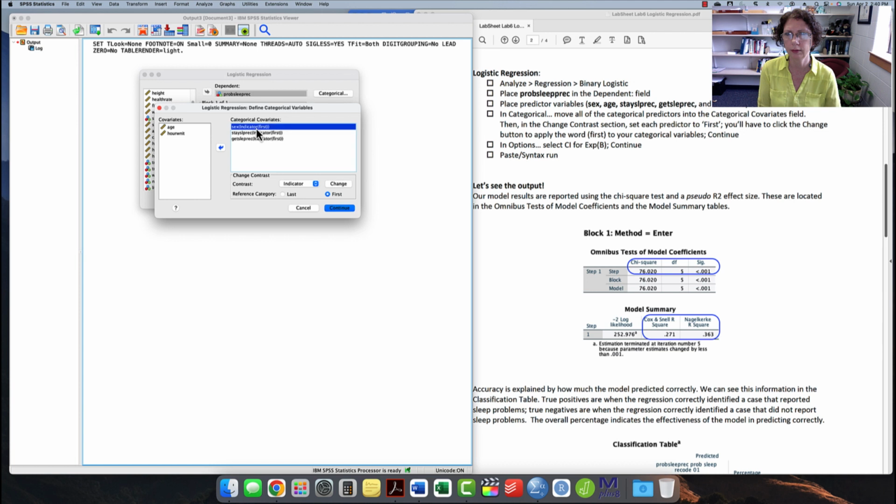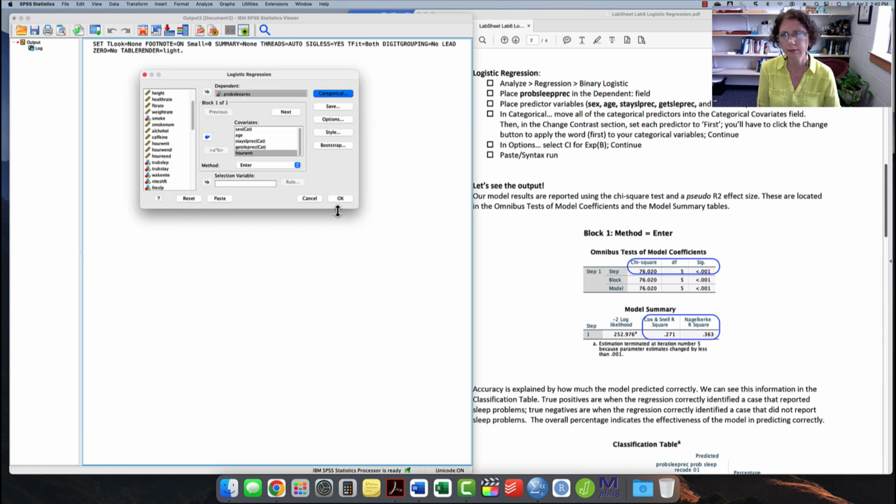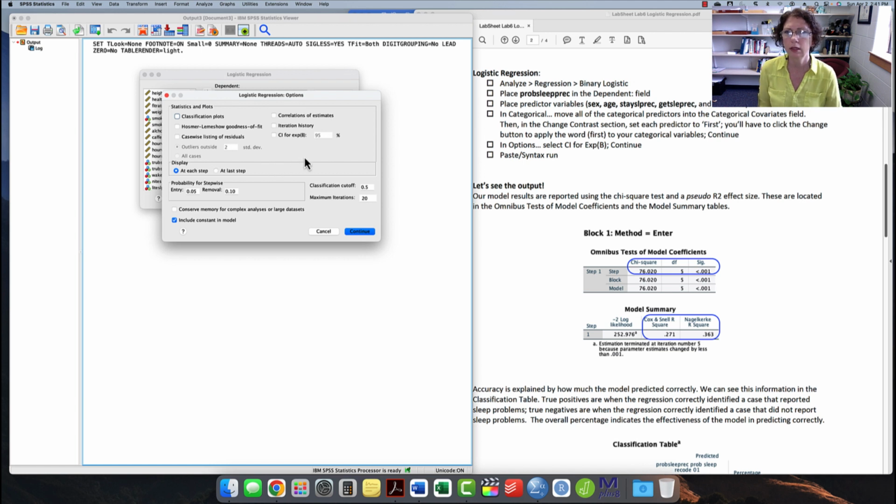So all of them should have the word first beside them. We'll hit continue here. And then we need to go into the options submenu. Here we want the confidence interval for exponent B. And this is going to give us the odds ratio values for those predictors. You can hit continue here.